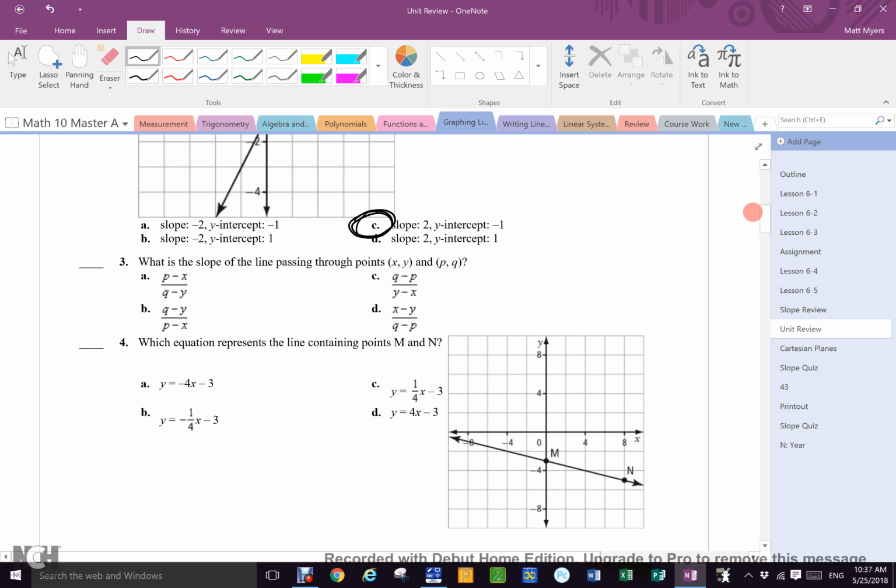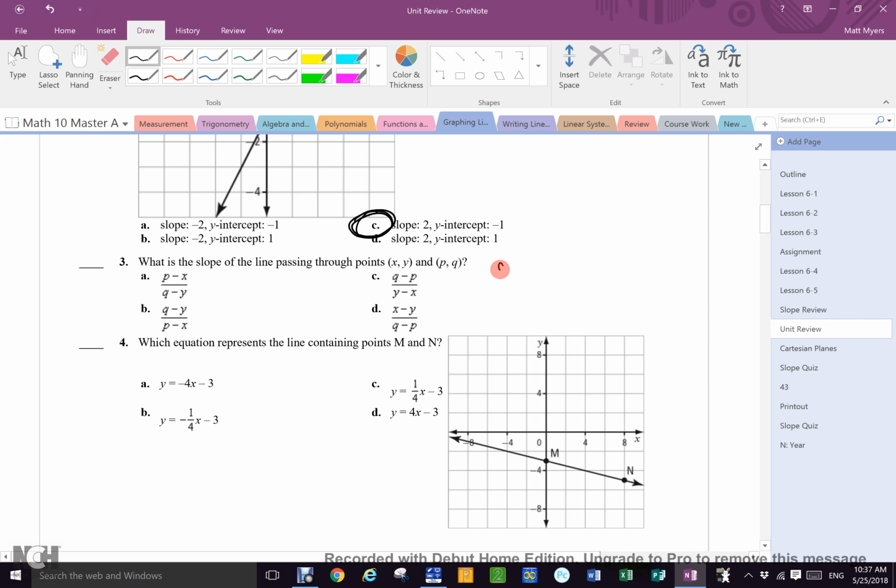Ew, yuck. Mr. Mars, I know how to do it. It's not x's and y's. Yes, you do. One of these is x2, one of these is x1, one of these is y2, one of these is y1. Which is which? What has to be in the numerator? The y's, correct?